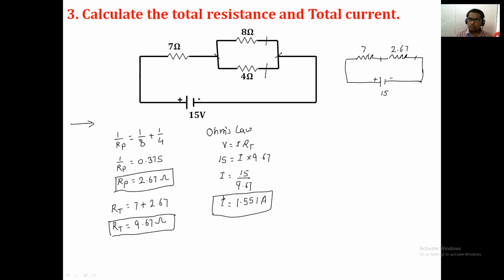Total current means what? The current which starts from the positive terminal and ends at the negative terminal. This is the total circuit current. Is it right? Now, this I means 1.551. It starts from the positive terminal. What value of current flows through the 7 ohm resistance?